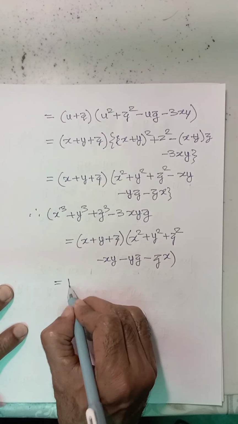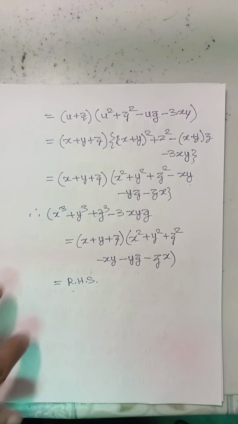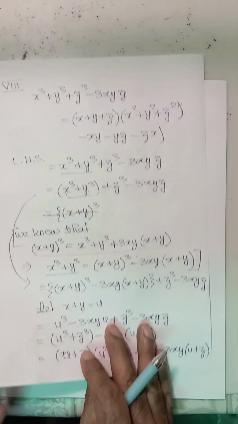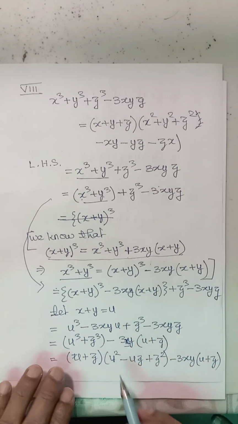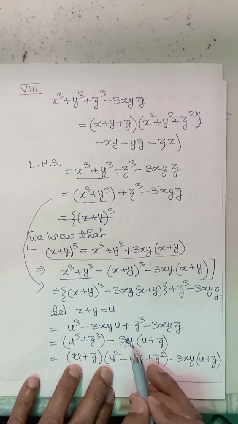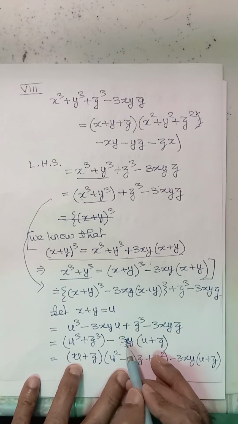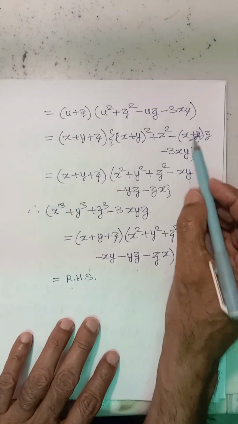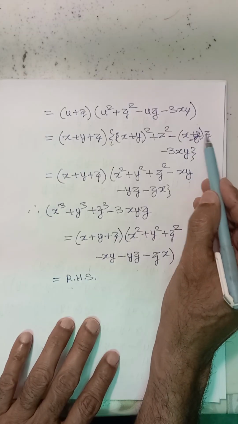So it is equal to RHS. So we have proved the fourth identity also. Guys, in deriving the last identity, we had missed to write 3xy. Here it should not be 3y, it should be 3xy. And here it was also not clear that it is (x + y) in bracket into z.